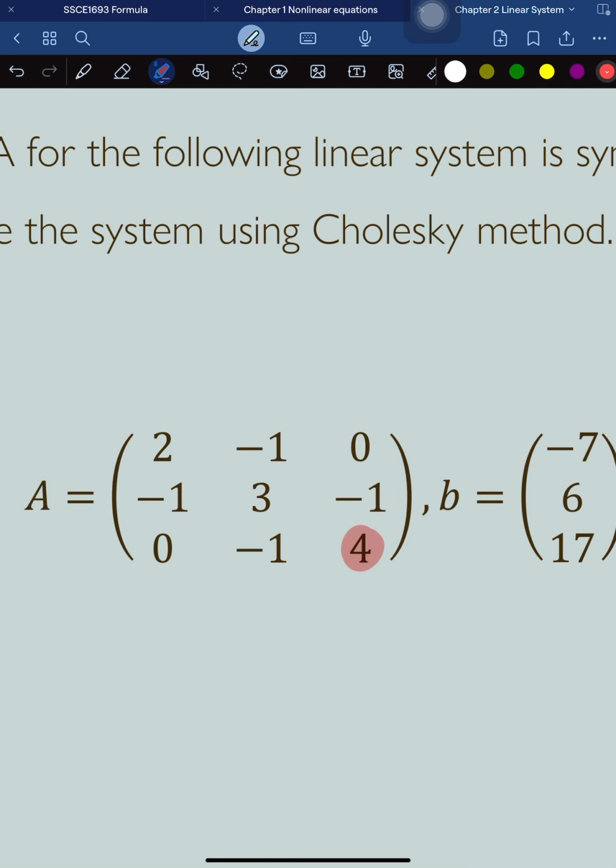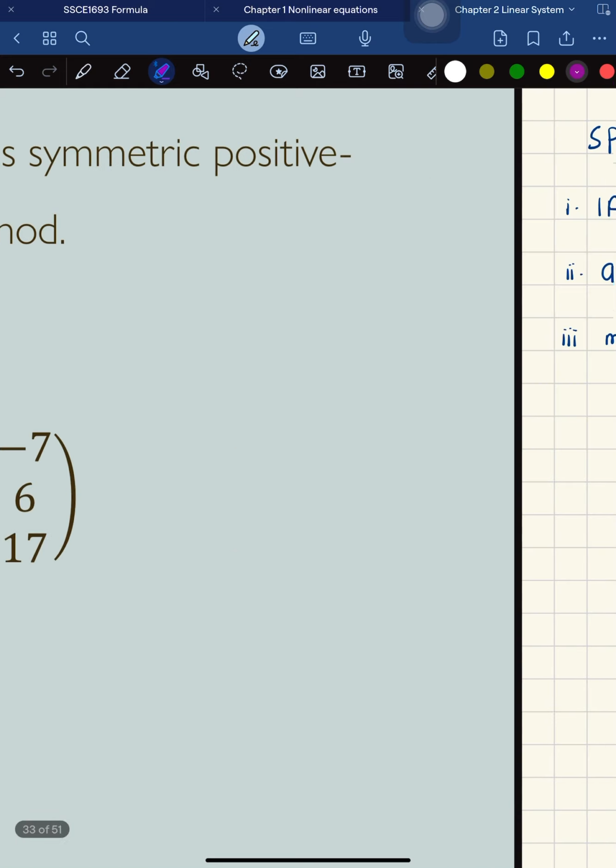Now we focus on the elements not at the diagonal: negative 1, 0, negative 1, negative 1, 0, and negative 1. The maximum is 1 because of absolute value. Here, we can see that the maximum at the diagonal is greater than the maximum at the non-diagonal. So satisfied.